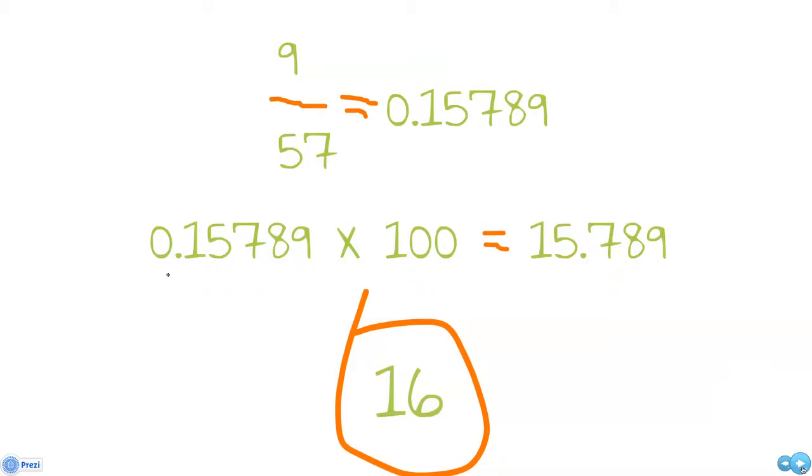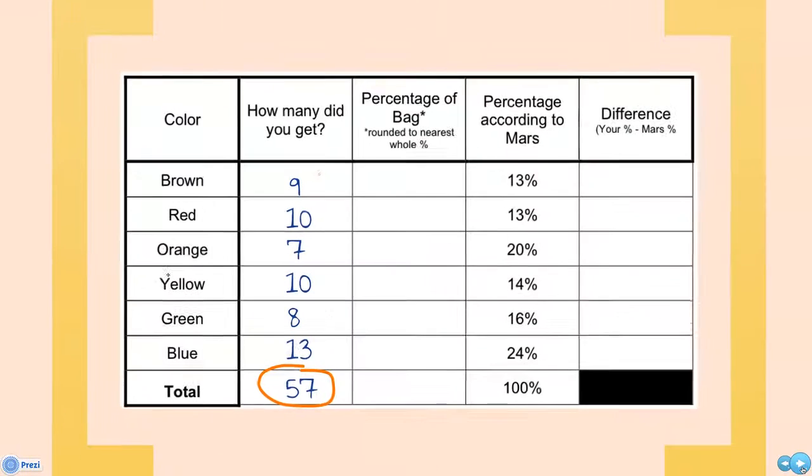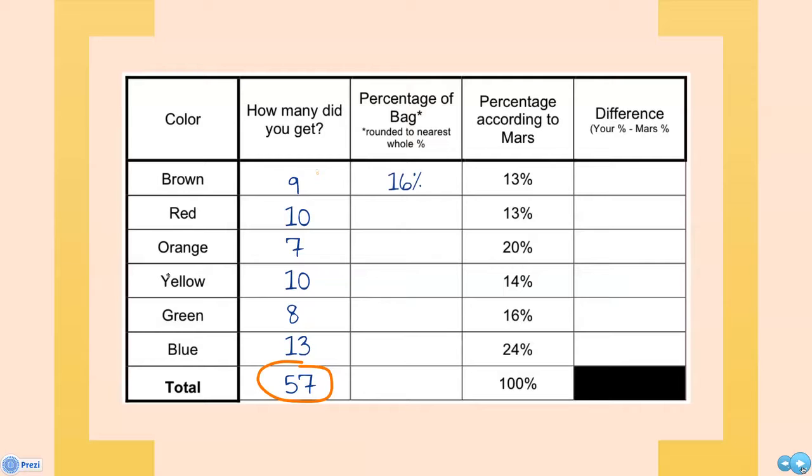Right, 16%. So I'm going to put that in that column. So now I know that 16% of my M&Ms are brown. The Mars company says that 13% of the M&Ms they make are brown. So how close is that? We take my percentage, 16, and we subtract their percentage, 13, and we get 3%. There's a 3% difference between what Mars says they make and what I actually got in my bag. Okay, so now it's your turn. Go ahead and work with your partner to fill in the rest of the chart.